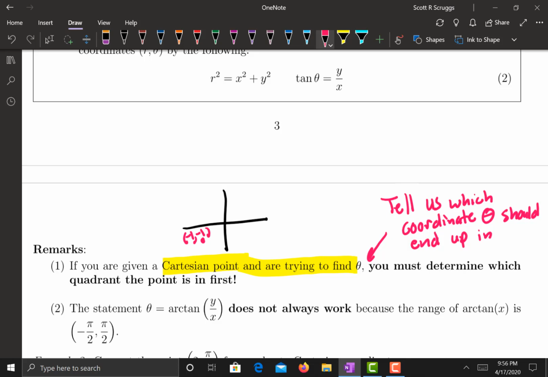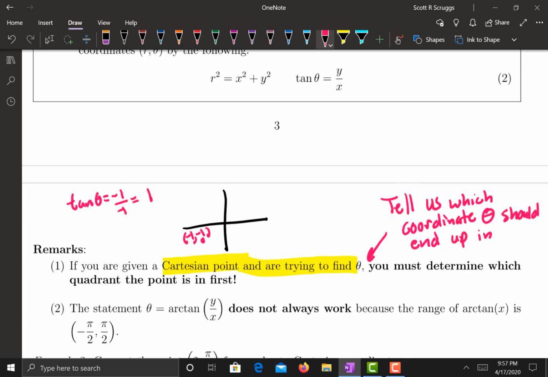Well, if I calculate tangent of theta using our equation, I'm going to have +1. And we know that there are only two angles that give us tangent of theta equals 1: pi/4 and 5 pi/4.